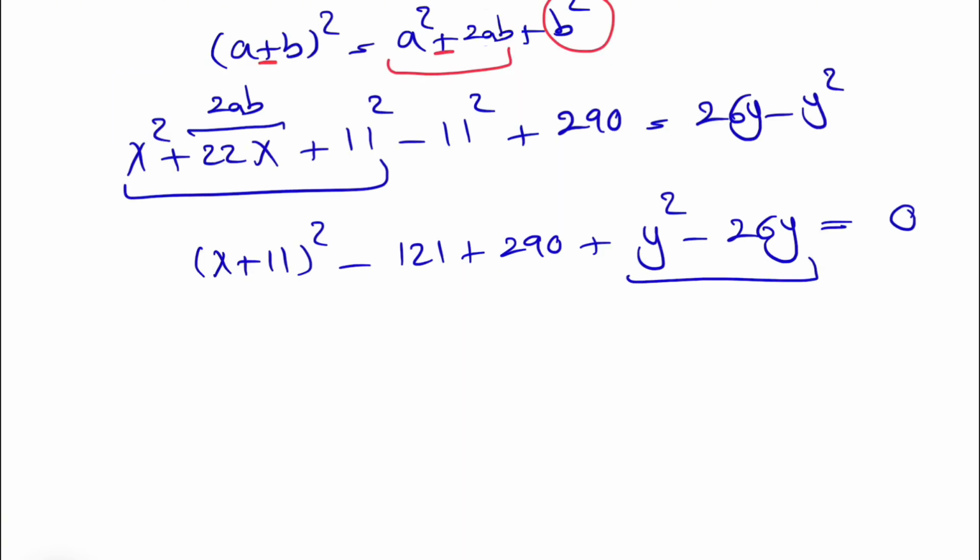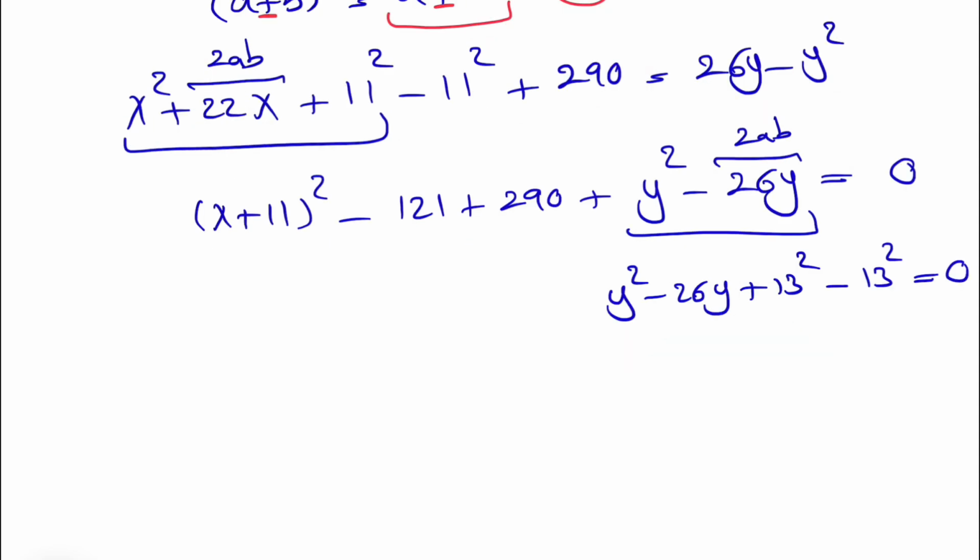So now what we are seeing in here is the 2ab again, our a is y, and 2b is 26, which means if we can add 13 squared and subtract that, that's going to help us to build our perfect square that we were looking for.